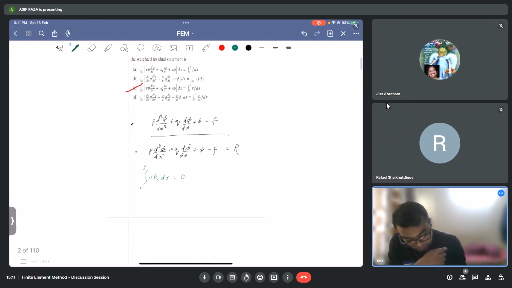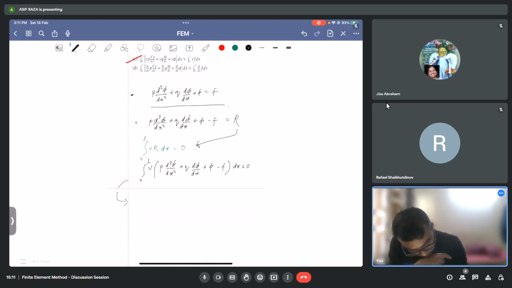Now just substitute this into this. We have the integral from 0 to 1 of (p d2 phi by dx square plus q d phi by dx plus phi minus f) dx equal to 0, with the weight function v multiplying it.